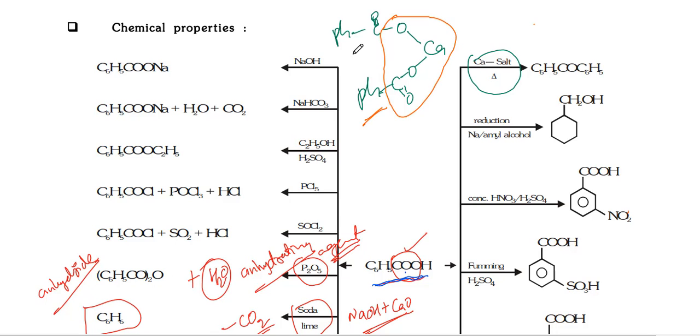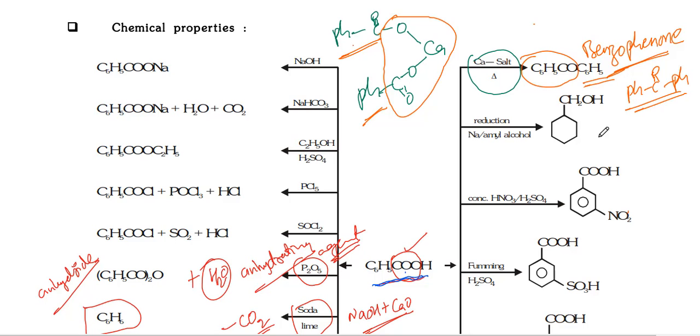Then this phenyl and this phenyl with carbonyl are formed. This is one part, the other one is this one. Okay, so finally benzophenone is formed. Benzophenone is a ketone, with two benzene rings and a C double bond O between the two benzene rings.